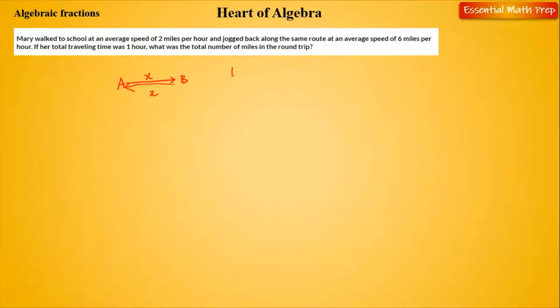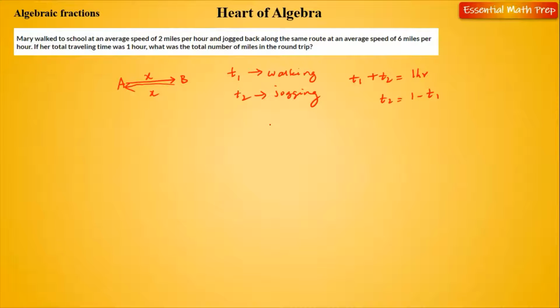Now, in terms of time, let's assume t1 is the time for walking and t2 is the time for jogging, okay? That means the total time taken, t1 plus t2, is 1 hour, right? So t2 equals 1 minus t1.